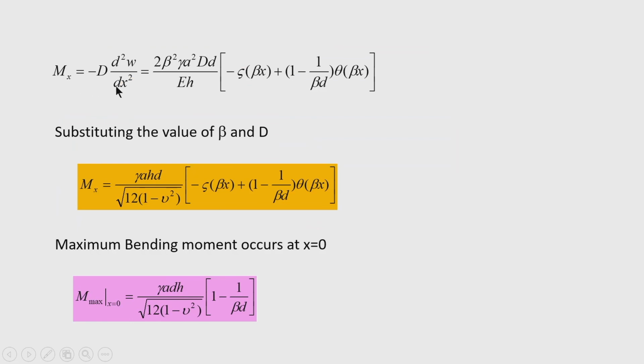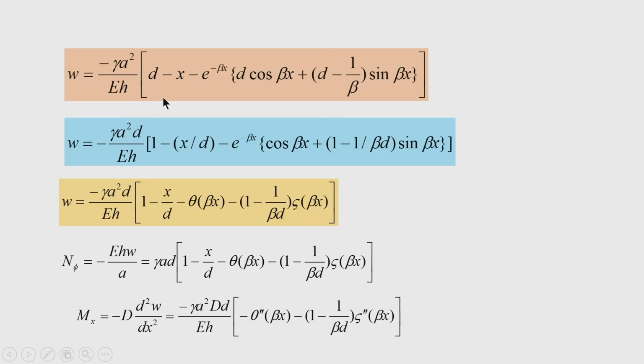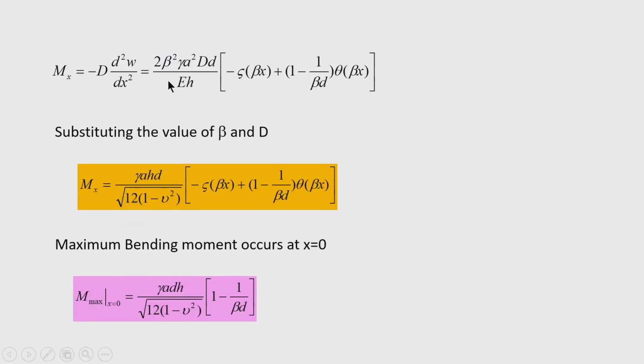So, m x is written after simplification, that is putting the value of the various parameters that are appearing here, D as the flexural rigidity, that is E h cube by 12 into 1 minus mu square, and bringing them in terms of beta, that is the characteristic parameter of the shell.